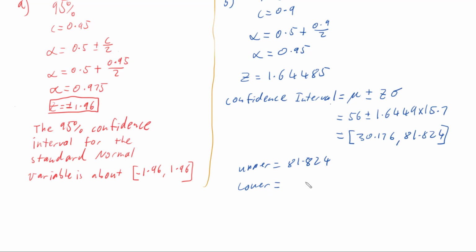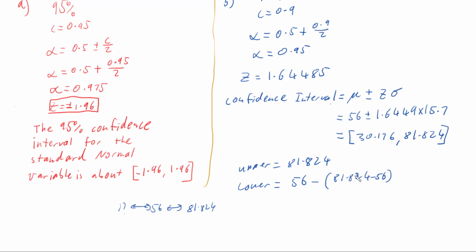If I think about what's going on, I've got my mean sitting in the middle at 56, and then my upper limit is 81.824, and I want to work out what this gap is so I can subtract it off my mean of 56. So my lower limit is my mean minus the gap, which is the upper limit 81.824 minus that mean.